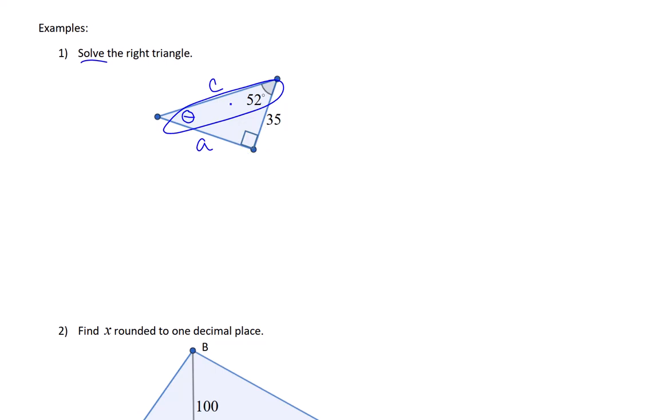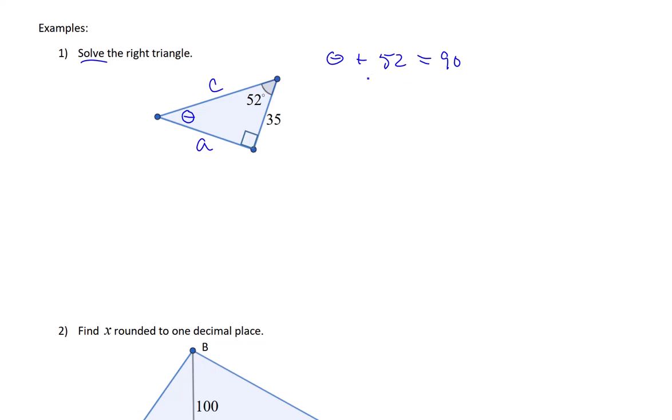So what that tells us is that theta, the other angle we don't know but we're trying to find, plus 52 degrees, that's the other given angle, those together must be 90 degrees, as mentioned.